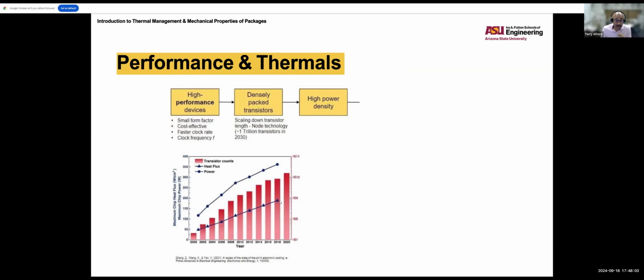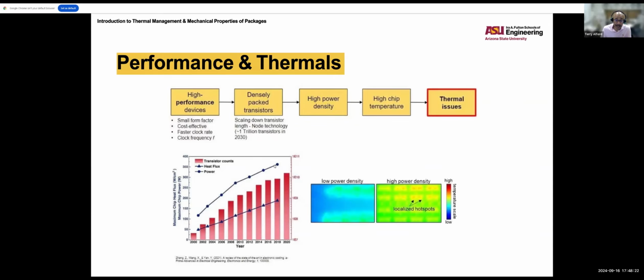So if we continue along this trajectory, we will be at extremely high flux values, where, put in perspective, if we go to the same rate and look at the power, it's going to be, you know, off the charts here.